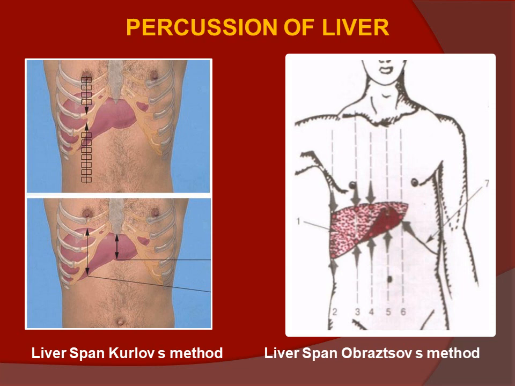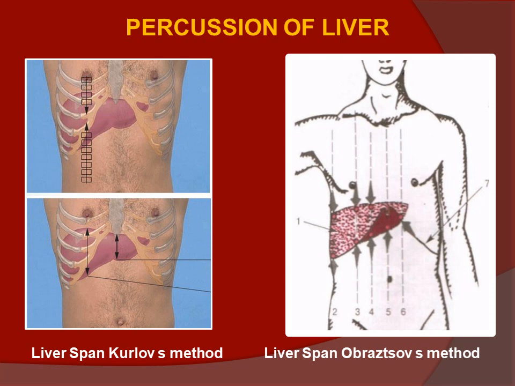Determination of the inferior border of absolute dullness of the liver according to the Obraztsov and Strazhesko method should begin from the right part of the abdomen, along the right anterior axillary line. The pleximeter finger is placed parallel to the expected inferior border of the liver, some distance away from it.